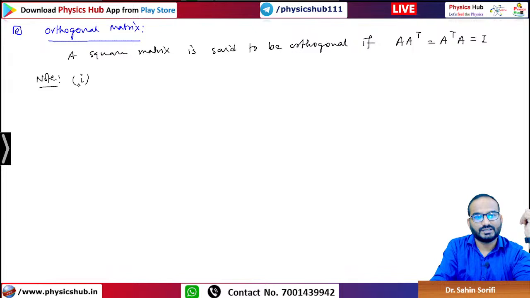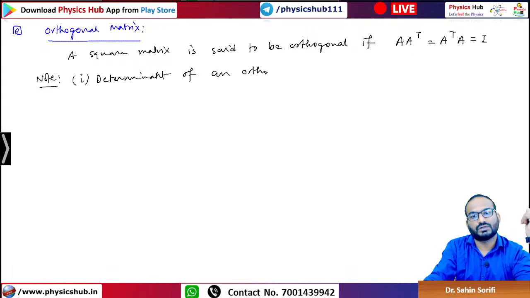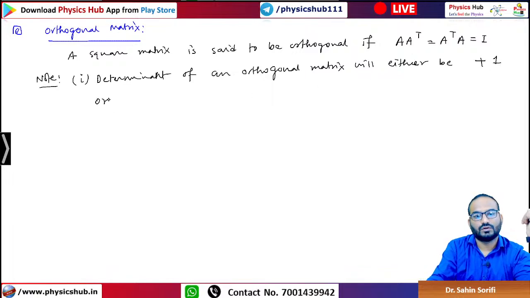Let's write some notes. Determinant. What is the determinant of an orthogonal matrix? Determinant of an orthogonal matrix will be either plus 1 or minus 1. Remember this thing.